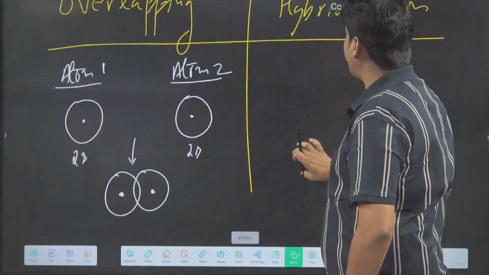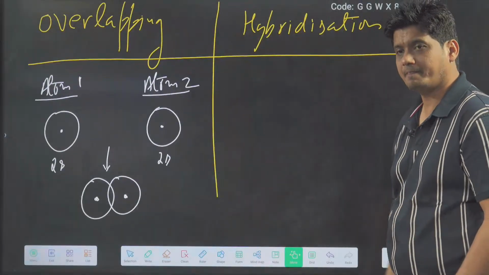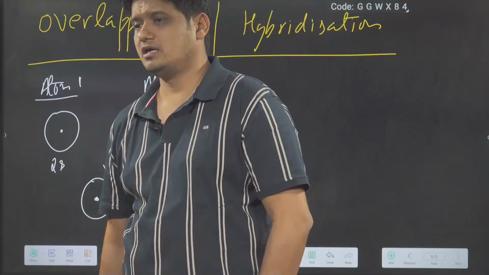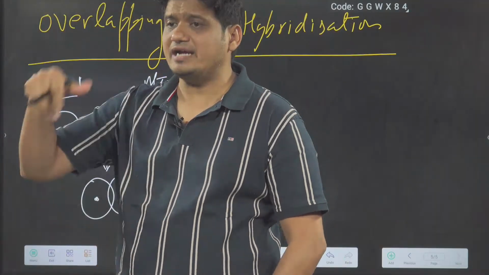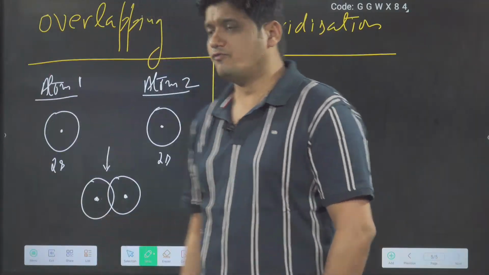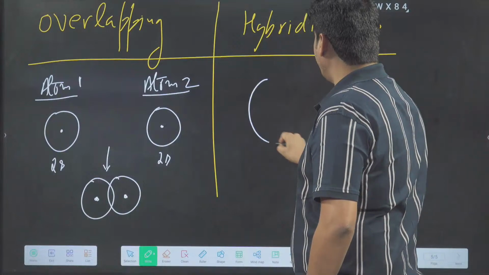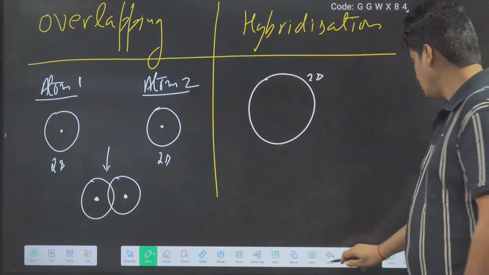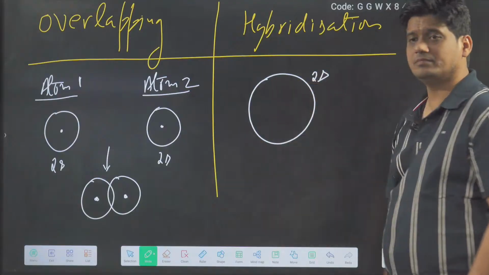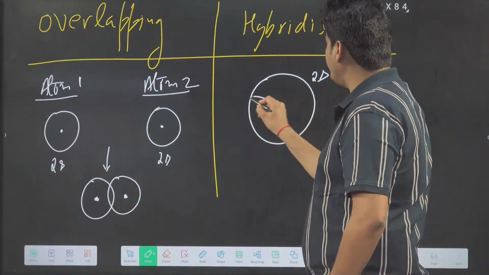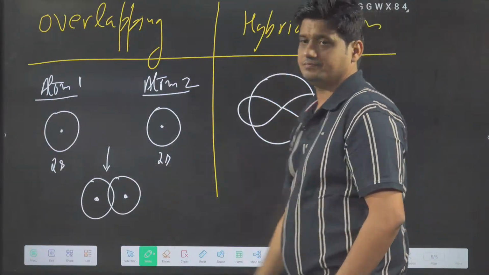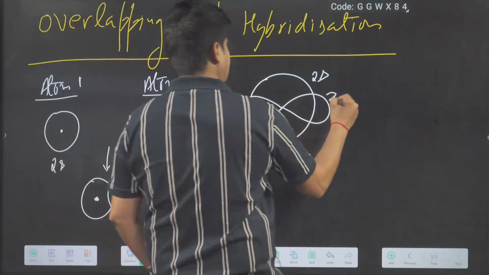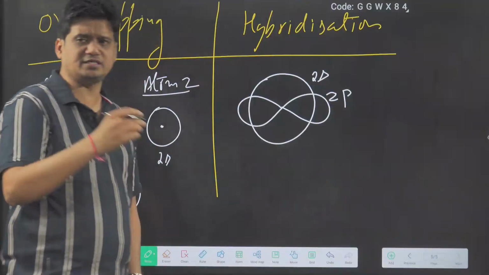While in hybridization, atomic orbitals of the same atom are going to intermix. For example, assume we have a 2s orbital of some atom and a 2p orbital of the same atom. I am taking 2s and 2p just for explanation; it may be other orbitals also.